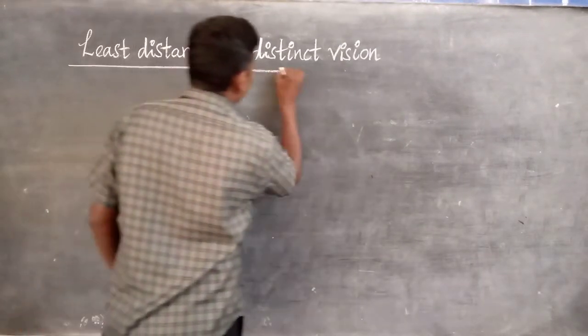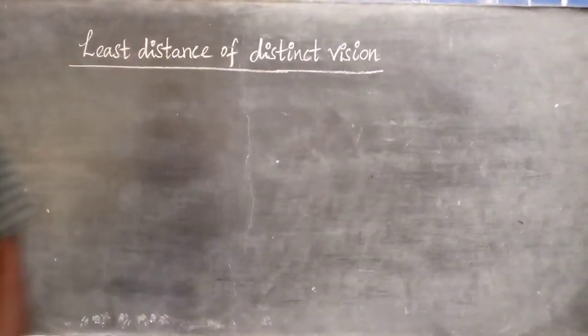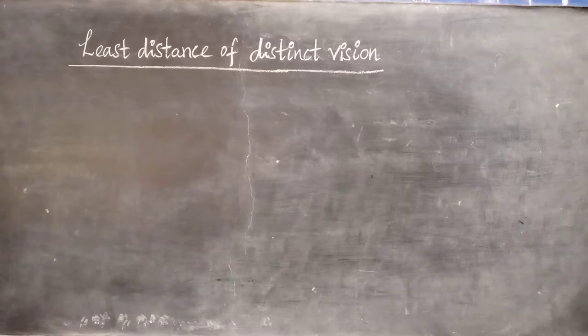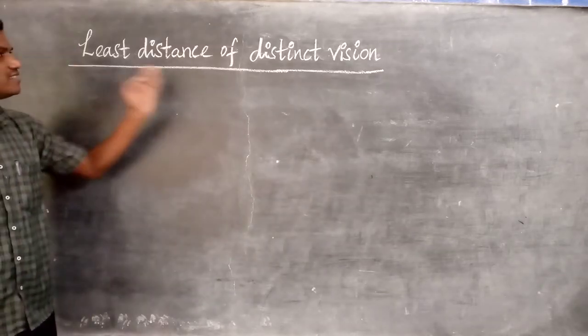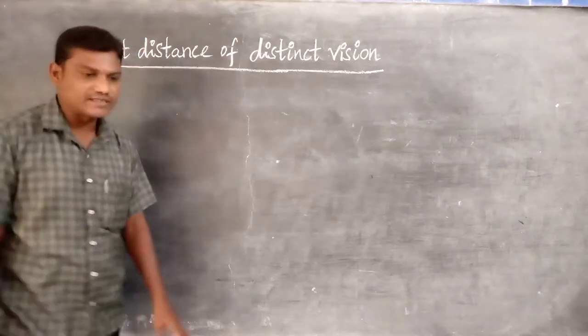Least distance of distinct vision. So what does the least distance of distinct vision mean?